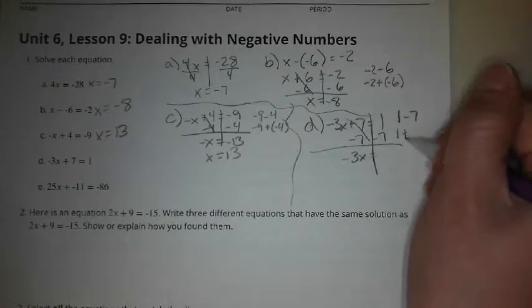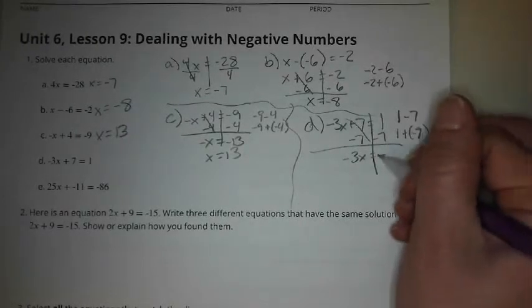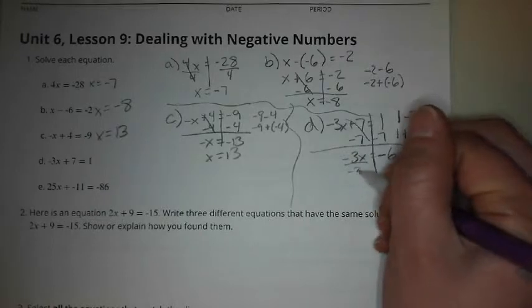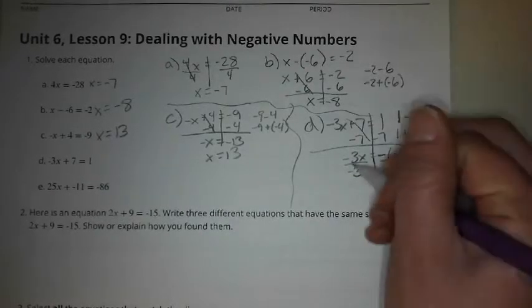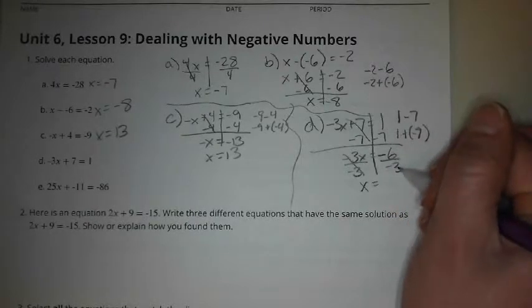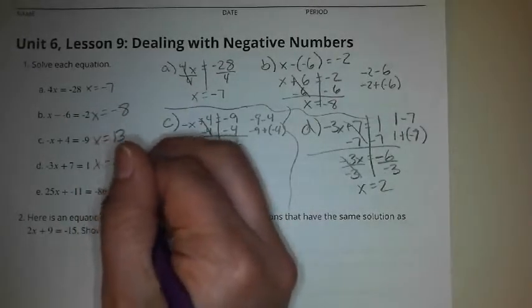Keep, change, opposite. So bigger absolute value is my negative, and 7 minus 1 is 6, so that's negative 6. All right, dividing both sides by negative 3, those are gone. X equals negative 6 divided by negative 3 makes it a positive, and that would be a positive 2. So here x would equal 2.